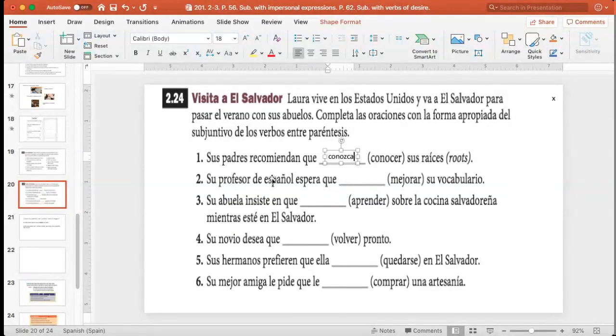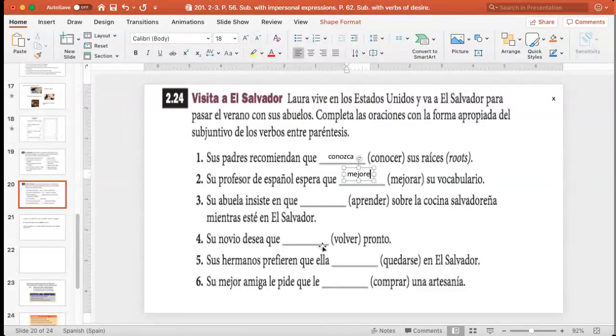Her Spanish professor wants that she get better in vocabulary. Mejorar. How do you conjugate this? If this is an -ar verb, you just put the opposite vowel. Mejore. ¿Vale?